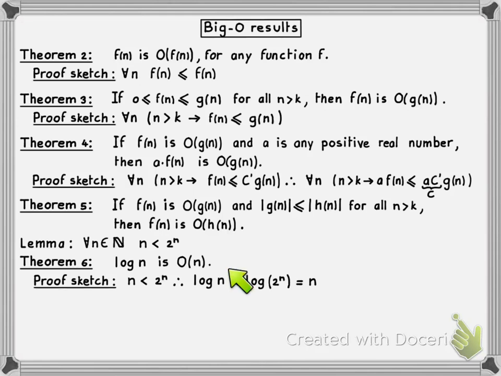And therefore we proved this big O relationship with a constant c equal to 1, and I won't go into any more detail in this proof sketch. So what this is saying is that the logarithm of n grows no faster than n itself. And by the way, this argument also works if the base of the logarithm is different from 2.